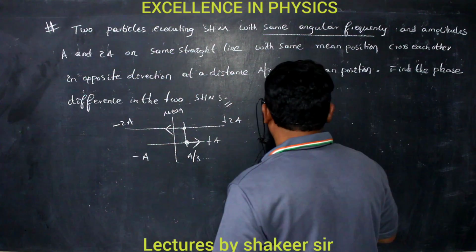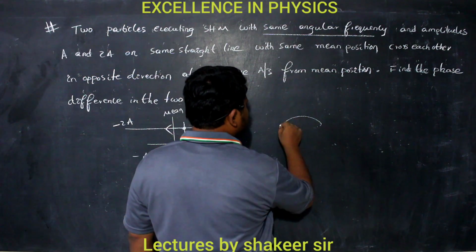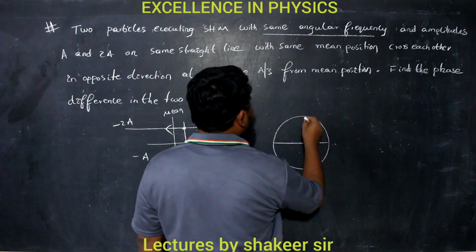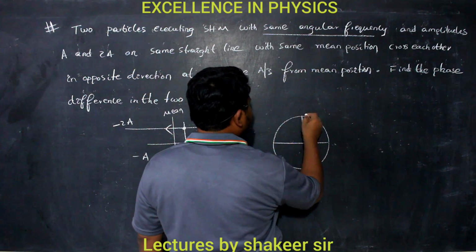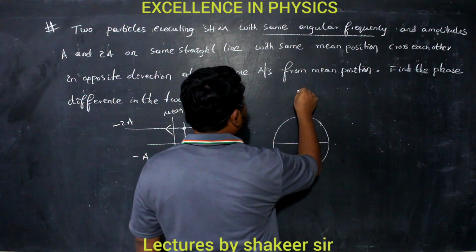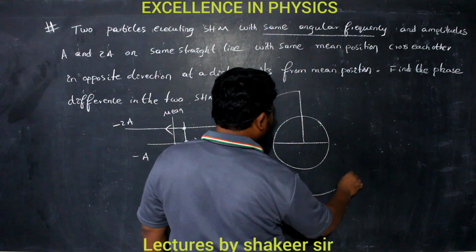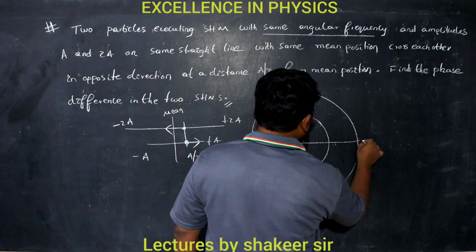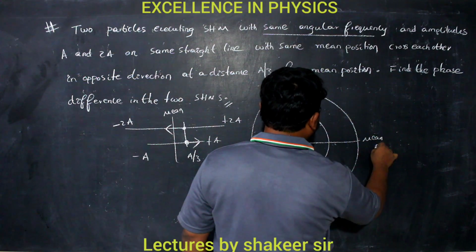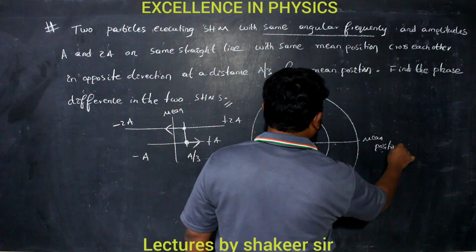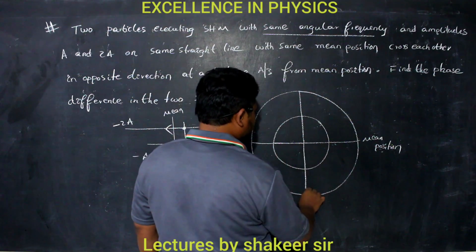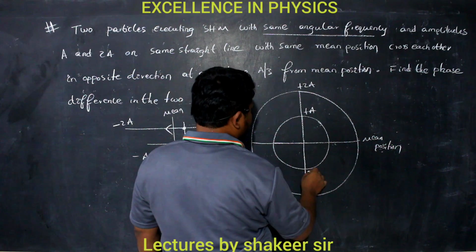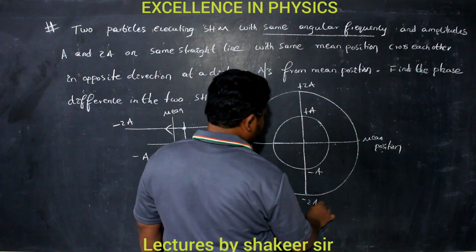For example, let this one be the path traveled by the particle whose amplitude is A. Then let us consider this one to be the path traveled by the second particle, which has an amplitude of 2A. So this becomes our mean position. This is plus 2A, this is plus A, and this is minus 2A.